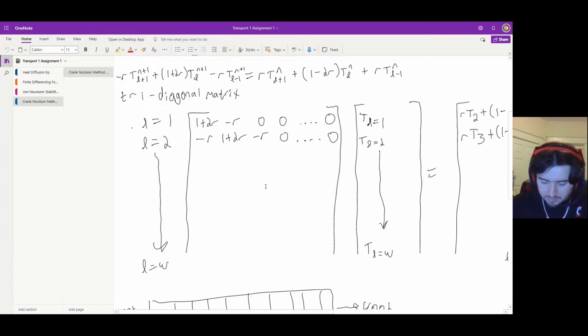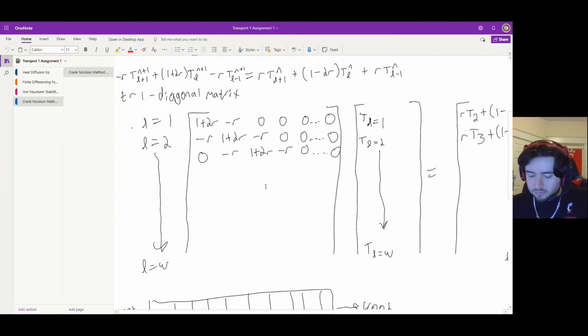For L equals 3, we're going to start off with a 0 because it's going to be moved over. Then we'll have negative R, 1 plus 2R, and then negative R, 0. I might as well just do this. There we go, so you can line up all the values there.